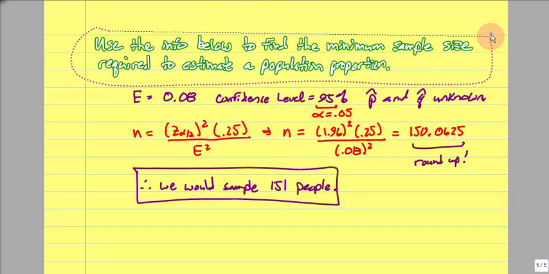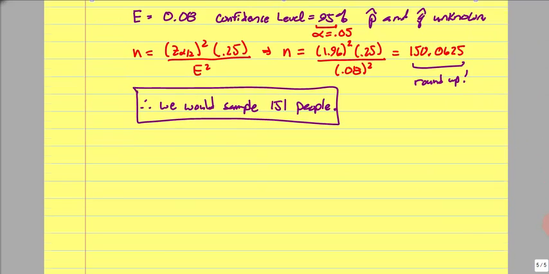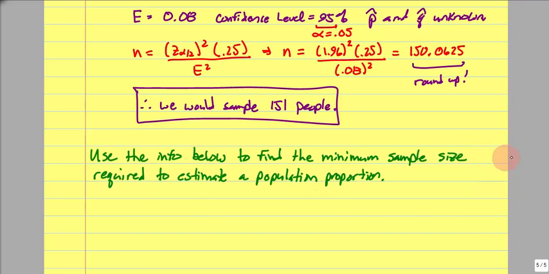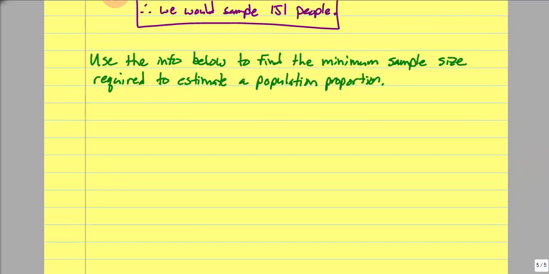So use the info below to find a minimum size sample required to estimate a population proportion. Now this one, we're going to be given an estimate for P. And if we know P, we can figure out Q as well. If we know P hat, we can figure out Q hat. So for this particular example, margin of error is going to be 4 percentage points. So they're going to give this information a little bit different.